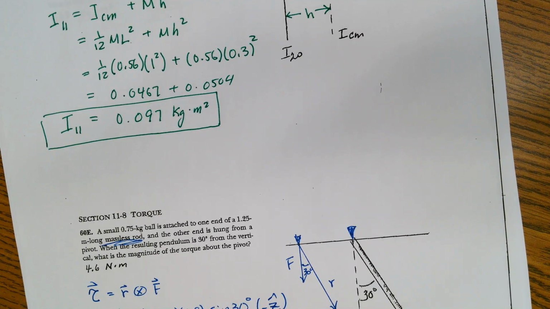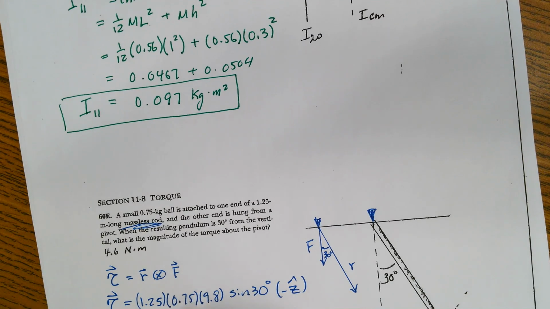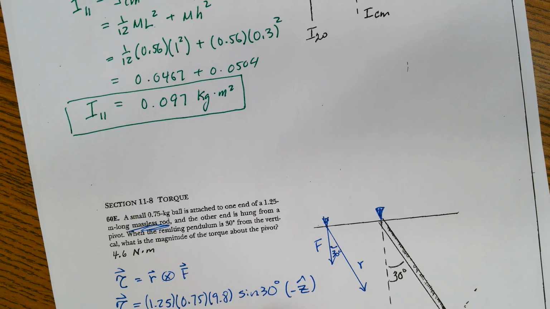Okay? So my torque should come out to 4.6 meter newtons, negative Z hat.